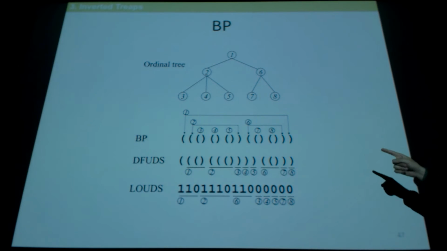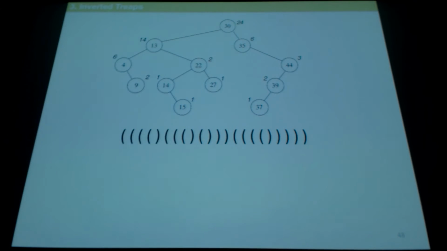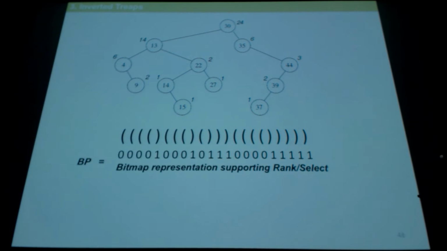And then you can represent those using bits. And you can see there, for each node, you just need 2 bits. And there are other representations like DFUDS or LOUDS. Although, that's going to be the balanced parenthesis of the example tree that I have been explaining, right? And you can represent that using this bit sequence.